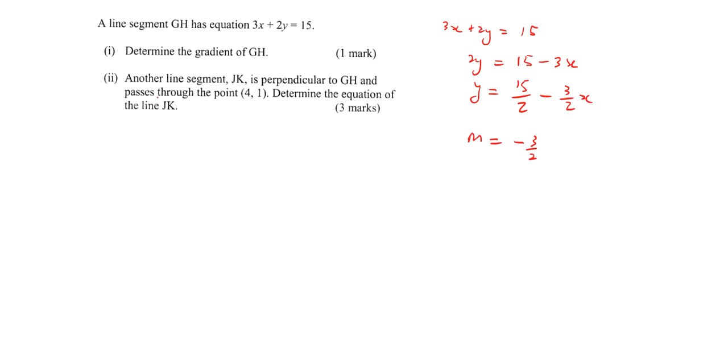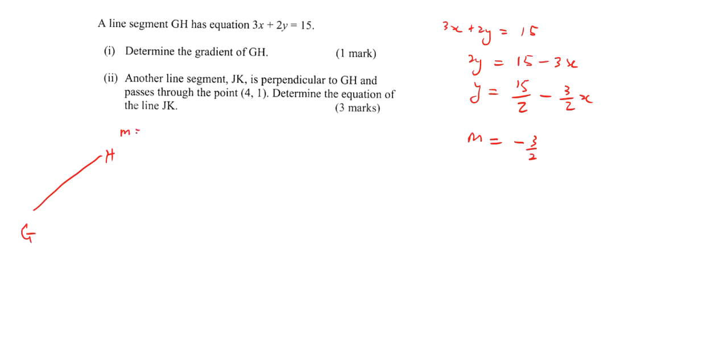Now they come in and tell you that another line segment GK is perpendicular to GH and passes through the point 4, 1. Determine the equation of GK. So visually we have GH, and we know the gradient of this line GH.